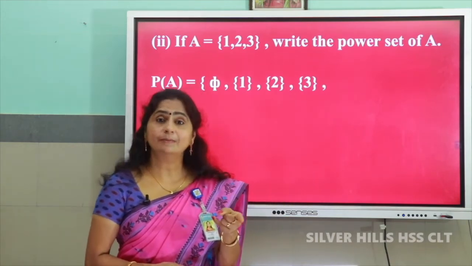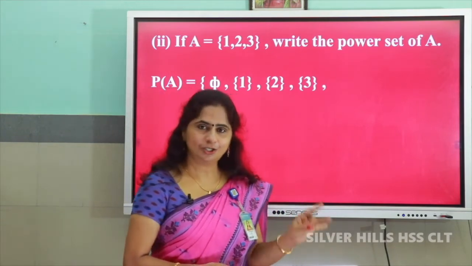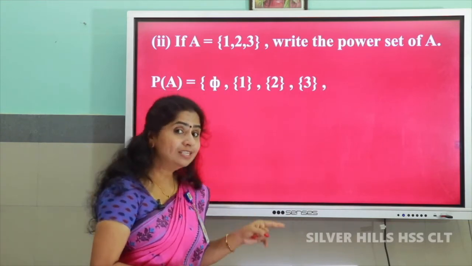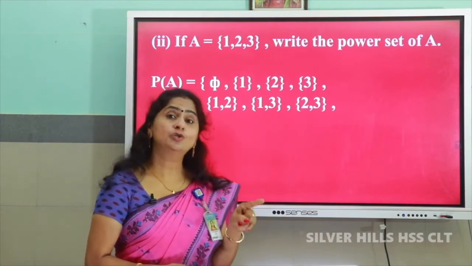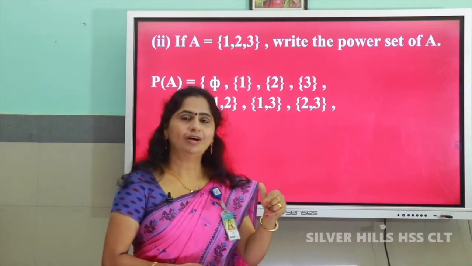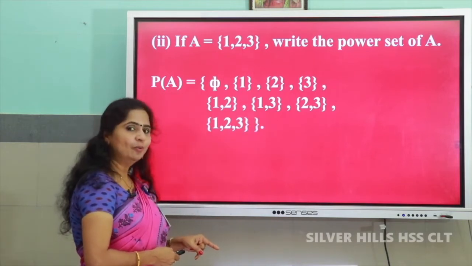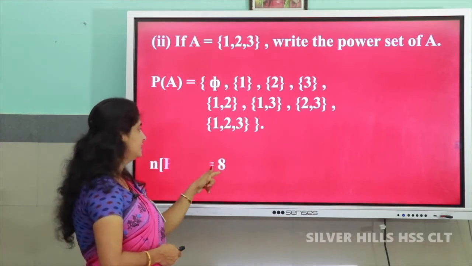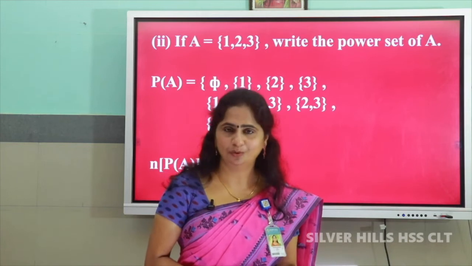Now, write down the subsets: phi, {1}, {2}, {3}, {1, 2}, {1, 3}, {2, 3}. Now, finally coming to the full set, {1, 2, 3}. So, how many are there? The number of elements in the power set is equal to 8, which we can say as 2 cube.